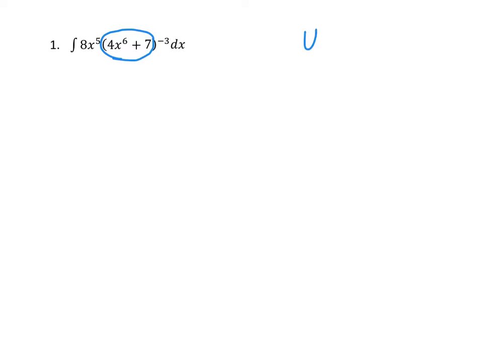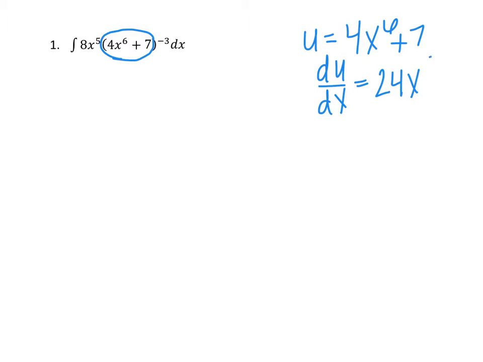So over here on the side, I'm going to let U be 4x to the 6th plus 7. Then I'm going to take the derivative of U with respect to x, like we always have done, and that's 24x to the 5th. Now the reason that we do this is so that we can actually solve for dx and then plug it back in.